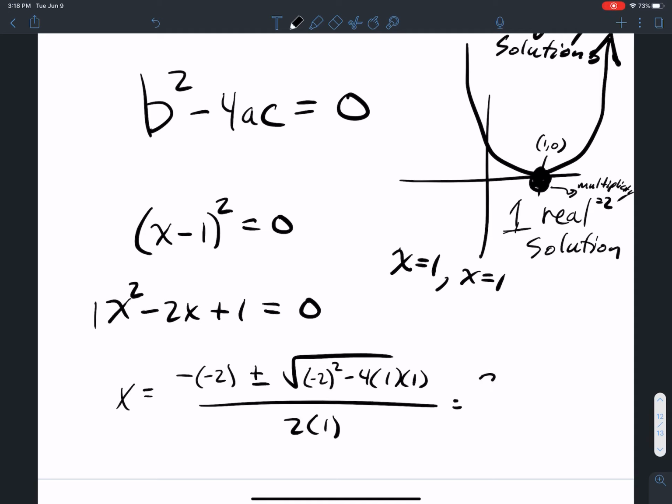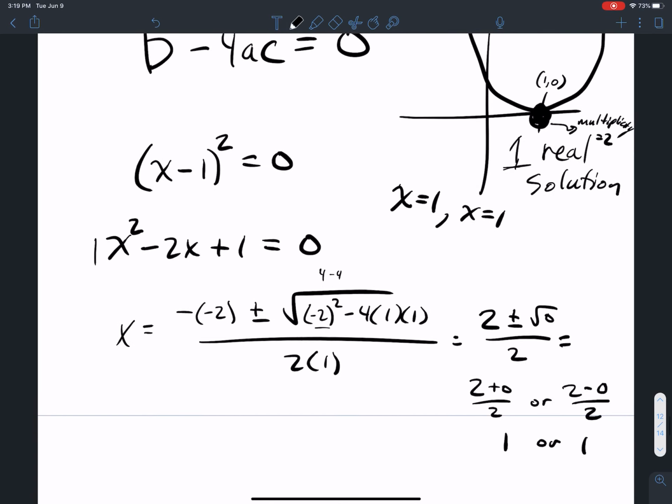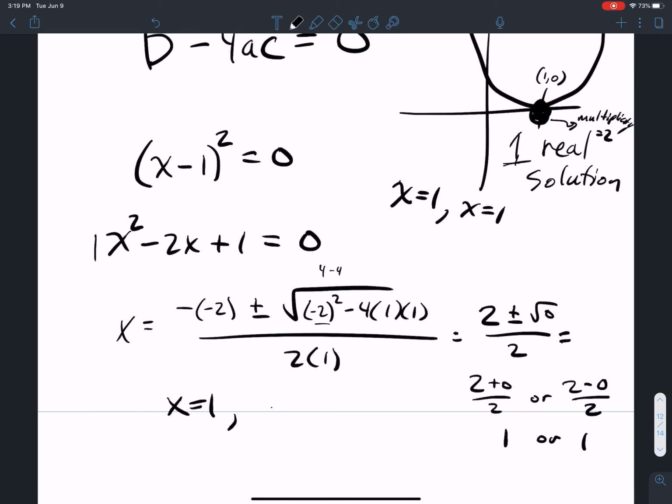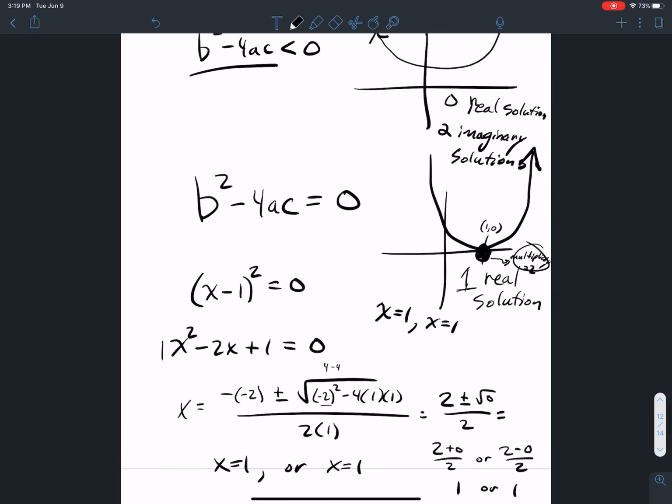That gets you 2 plus or minus the square root of 4 minus 4, which is 0, over 2. So that's 2 plus 0 over 2, or 2 minus 0 over 2, which is 1 or 1. That's telling me x equals 1 or x equals 1. It's a little redundant, so that's why we say there's a multiplicity of 2 there.